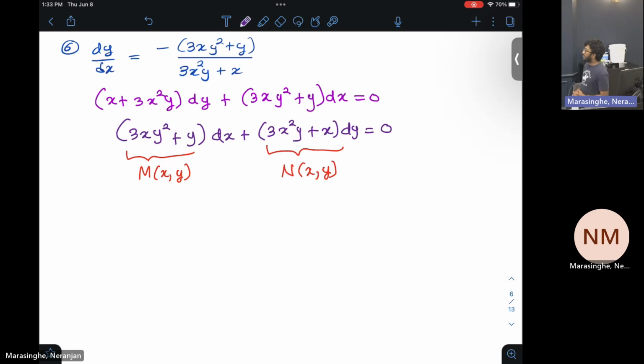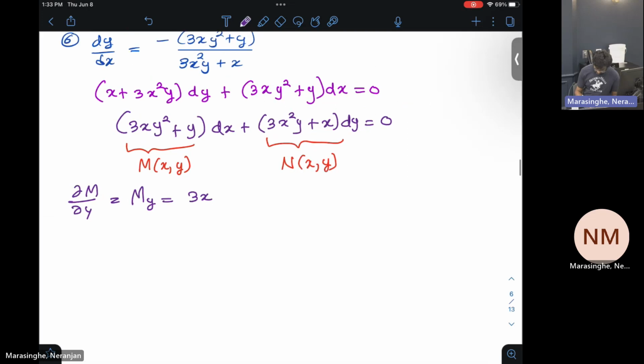After simplifying, we would get (3xy square plus y) dx plus (3x square y plus x) dy is equal to 0. And as usual, take the partial derivative of M with respect to y. The partial derivative of M over partial y is equal to My, which is 3x times the partial derivative of y square, which is 2y, plus the derivative of y, which is 1. So I would get 6xy plus 1.